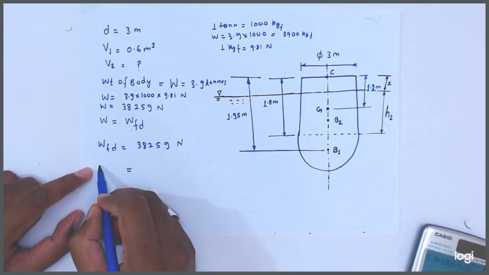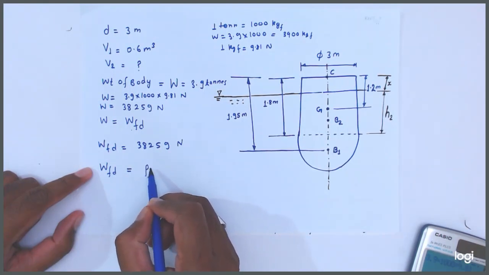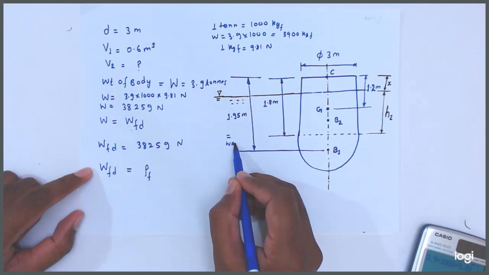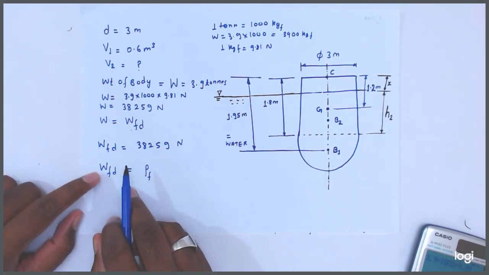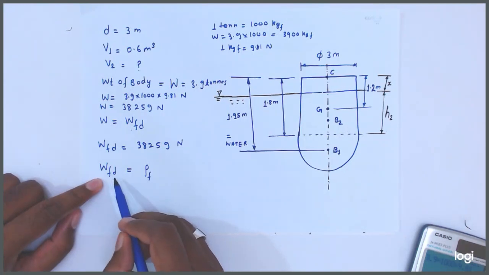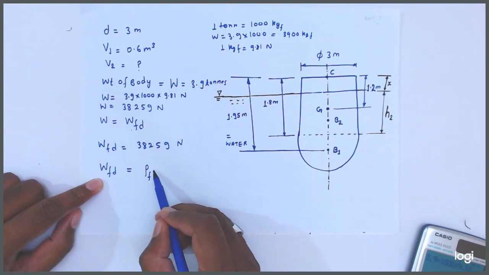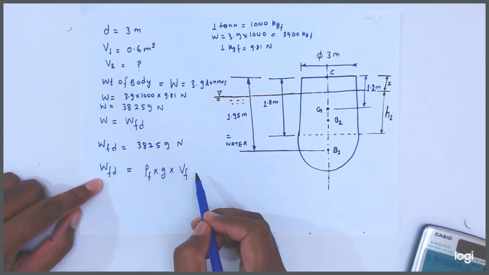One more thing is there friends, weight of the fluid displaced is equal to what? Rho F, volume of fluid, whatever fluid is there, here water is there. So just to understand, weight of fluid displaced is equal to density of fluid into G into volume of fluid.